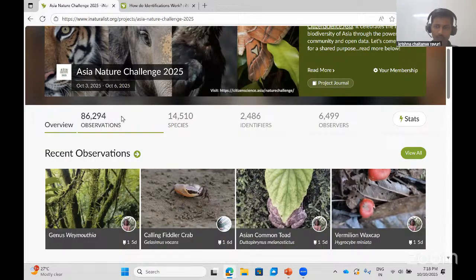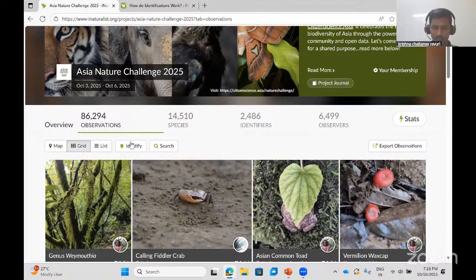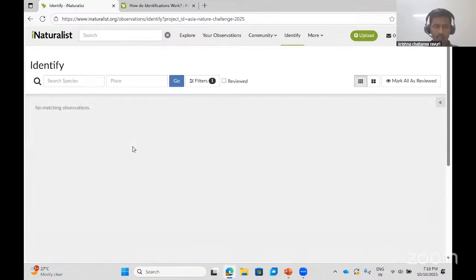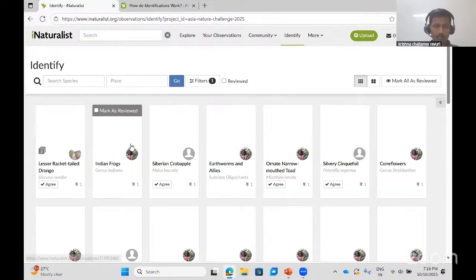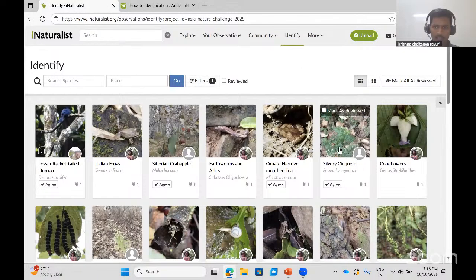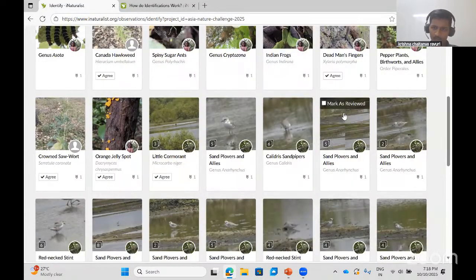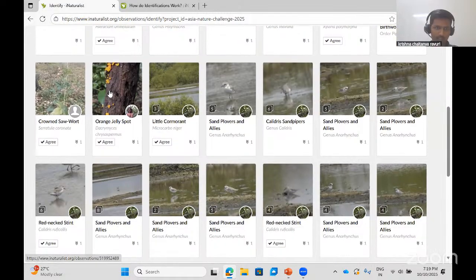You can head over to the observation section, and here you see the Identify button. This is the identification page. It's a bit different from the explore page, and it's best for identification. Here we have a lot of observations, some birds, and some fungi.